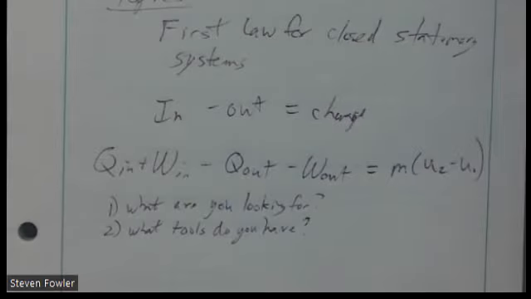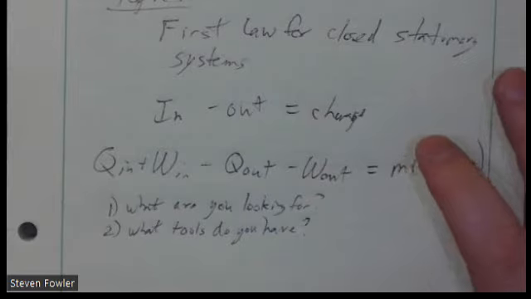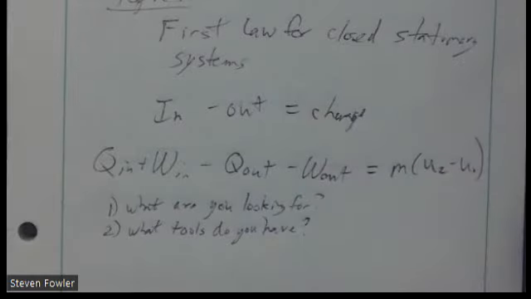About the only exception we might run into is if it's a boundary work and if they're only asking for the boundary work and nothing else, and I have enough information with the boundary work definition to find it, and then I wouldn't necessarily have to use the first law. But anything else, any other energy they're looking for, or if it's some other unknown, we saw in the chapter 5 homework, there's one where it's asking for an unknown temperature. Well, we could just use one of the other properties to backtrack and find the unknown temperature.